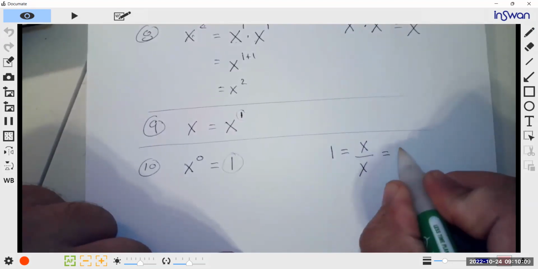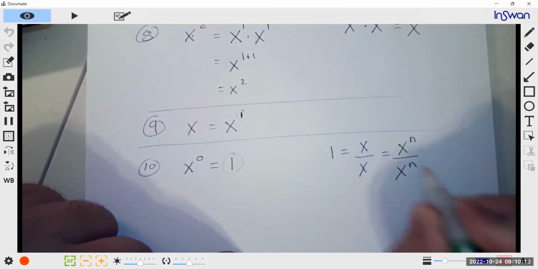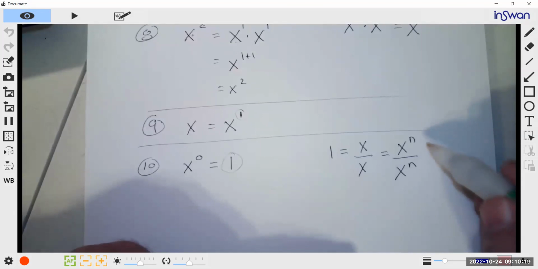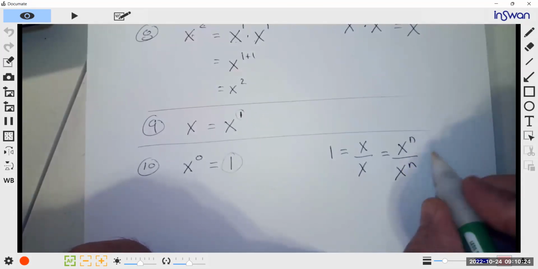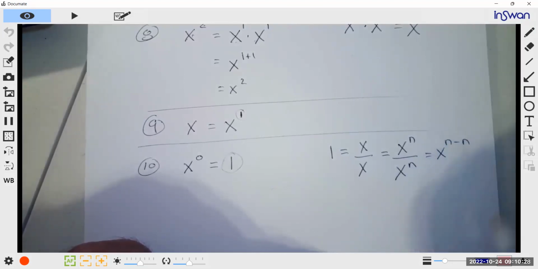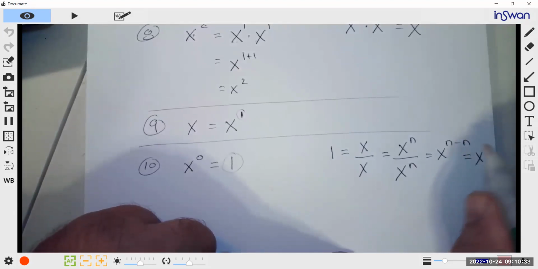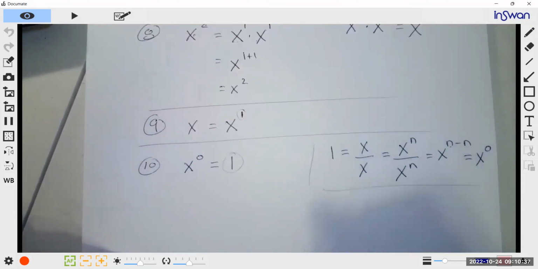So since that's true, I could make it as big as I want, x to the power n divided by x to the power n. Now we have a rule that says if you're dividing the same bases, you subtract the exponents. n minus n is 0. So there's the reason why anything to the 0 power equals 1.